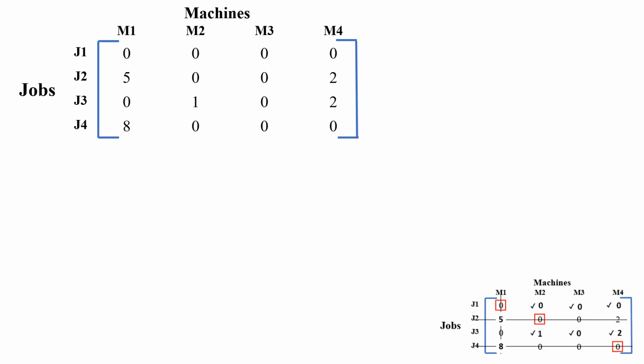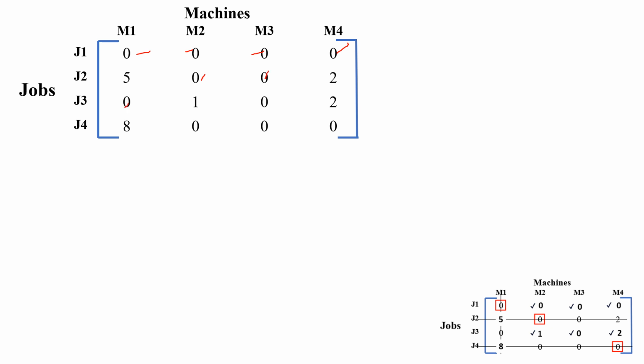Next, draw a minimum number of lines to cover all the zeros. First we do the row scanning. In the first row there are multiple zeros, so we skip the first row. Similarly, in the second row there are multiple zeros, so I skip the second row.